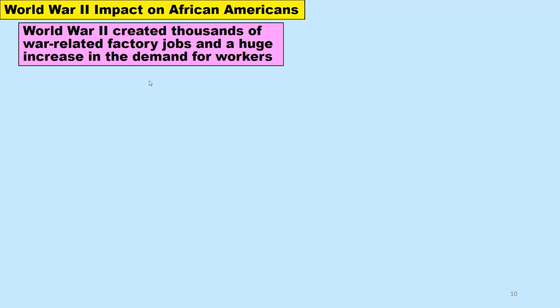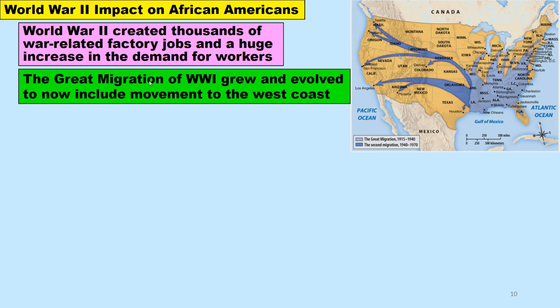Okay, so we're going to see a huge increase of workers because of the demand for workers and the Great Migration, like I just talked about. Here is the first Great Migration during World War One, going up to these industrial cities in the north, and now they are still going up north, but they are also going to come out here to the west because there are industrial war jobs now in the west as well.